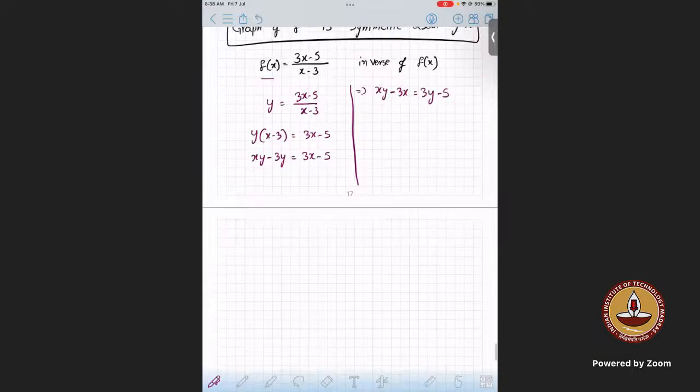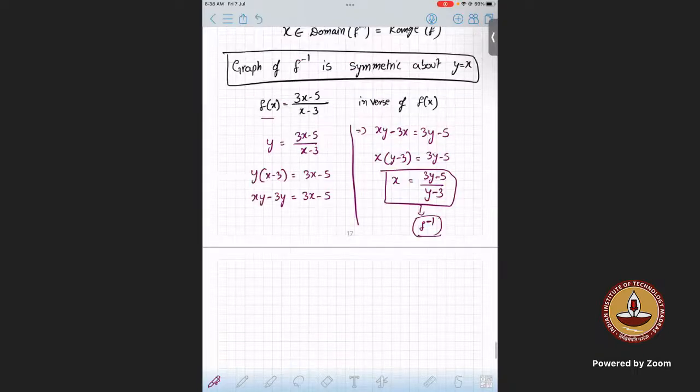Take x common: x into y minus 3 is equal to 3y minus 5. So x is equal to 3y minus 5 by y minus 3. This is the inverse.